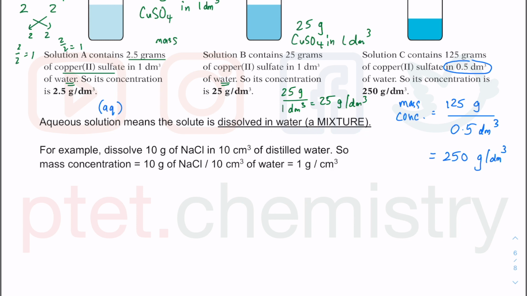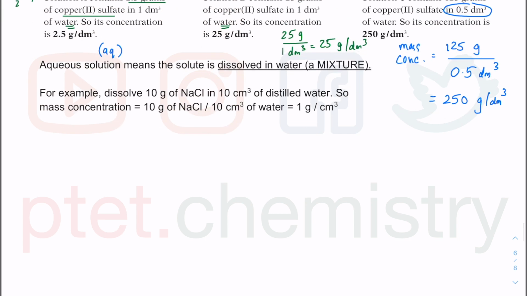All right. So just to give you further examples, when you have 10 gram of NaCl, that is called sodium chloride. It is a classic giant ionic lattice structure, an ionic compound consisting of a metal cation and a non-metal anion. So you dissolve that in distilled water.